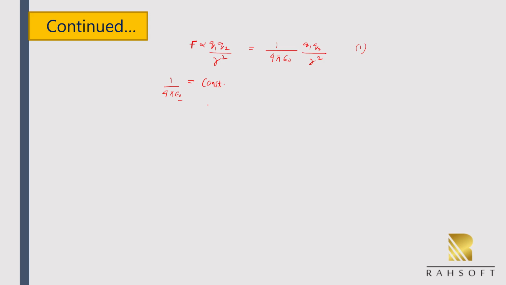If Q1, Q2 are in coulombs, the distance in meters and the force in Newtons, then 1 over 4 pi epsilon naught is 9 into 10 to the power 9 Newton meter square per coulomb square.